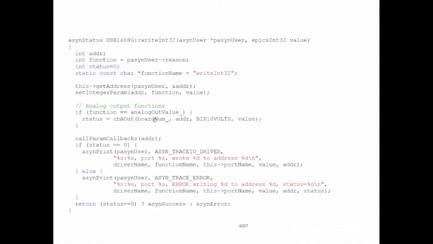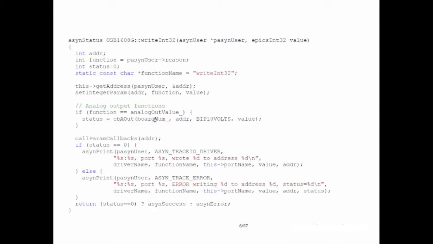Now this is a function from the vendor library, and it takes 4 arguments: the board number, which is the thing we passed in the constructor, probably board 1; the address, which we just got here, either 0 or 1; the way we want to program it, which is some symbolic constant that the vendor provides, because this device is a bipolar 10-volt device, so we say BIP10VOLTS; and then the value.